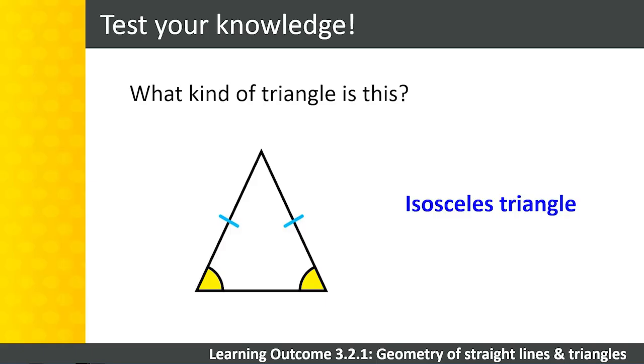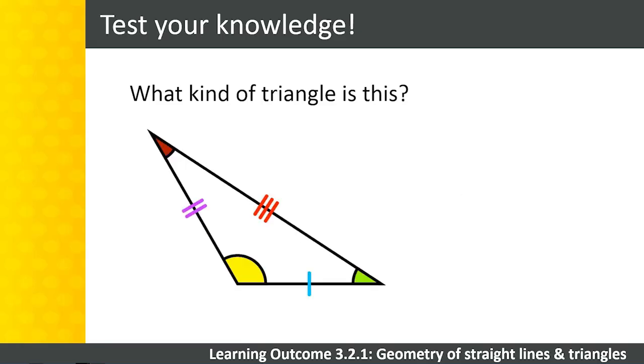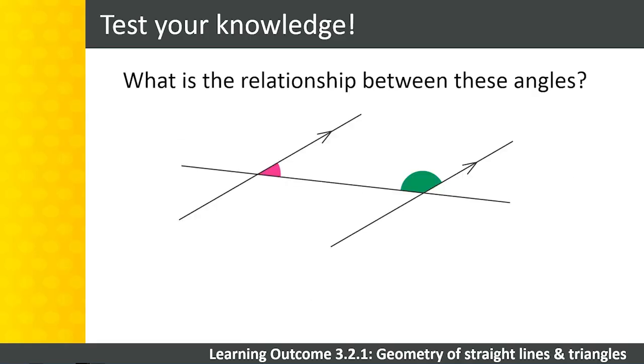An isosceles triangle. What kind of triangle is this? An obtuse angled triangle. What kind of triangle is this? It's a scalene triangle.